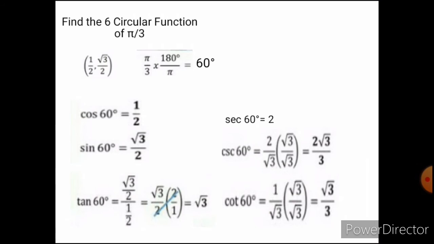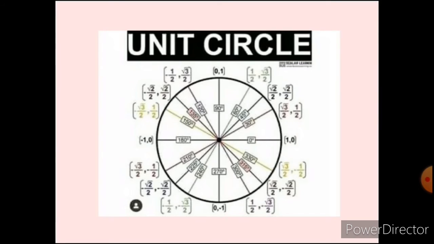So by using the unit circle, let's have our unit circle. We have quadrants 1, 2, 3, 4. In quadrant 1, we can see our given, which is pi over 3, 60 degrees, with the coordinates 1 over 2 and square root of 3 over 2.